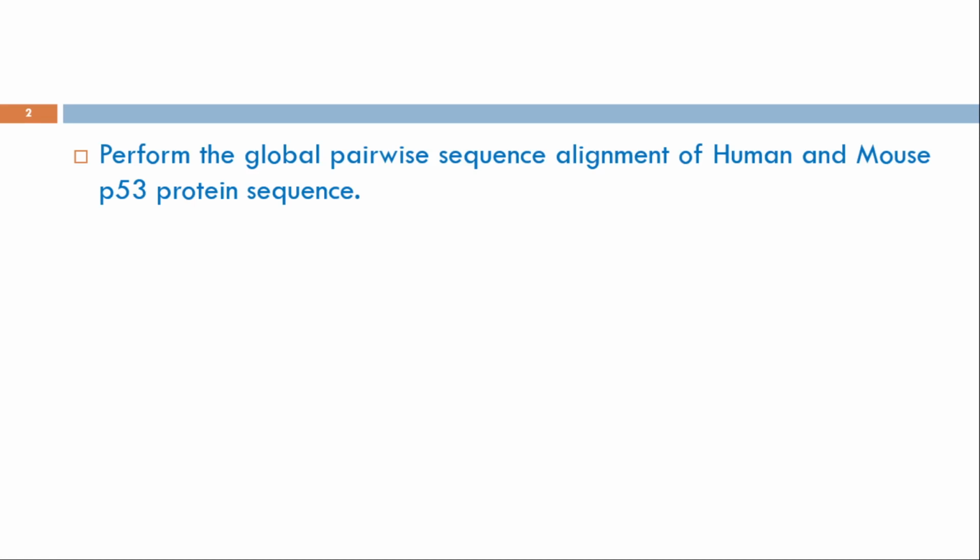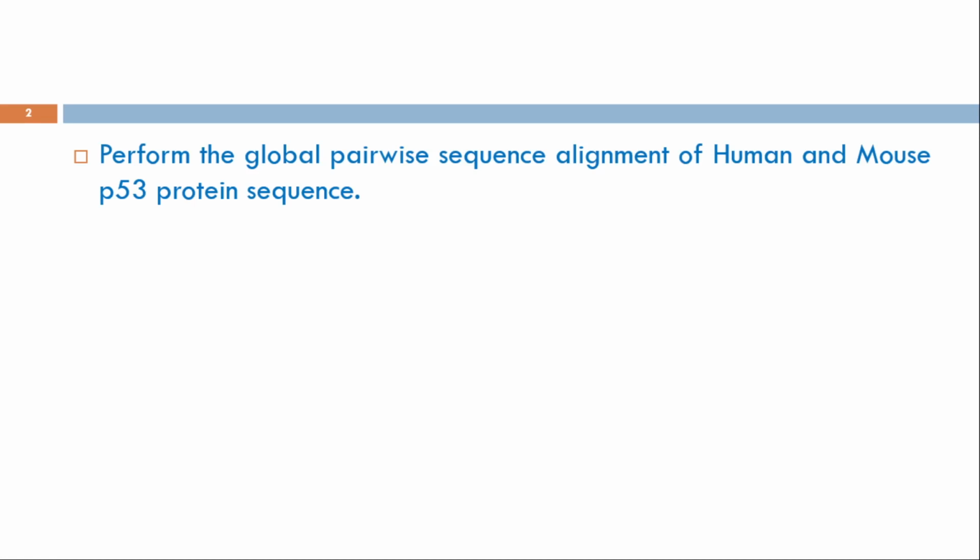If there is a huge difference in the number of bases in the two sequences, or two irrelevant sequences are there, in that case, we can go for the local sequence alignment. So in my next part, I will demonstrate how to perform the local sequence alignment, and in this part, I'm going to demonstrate how to perform the global pairwise sequence alignment of human and mouse P53 protein sequences.